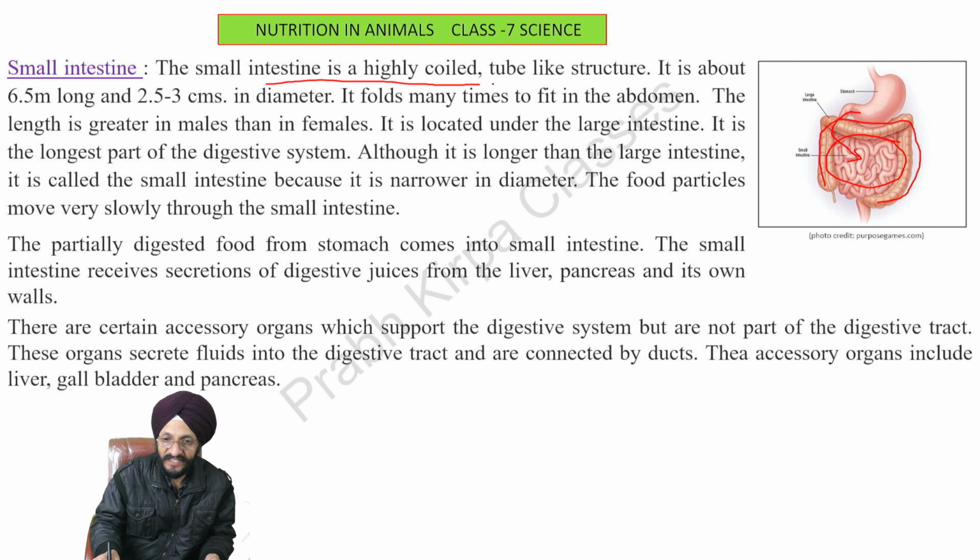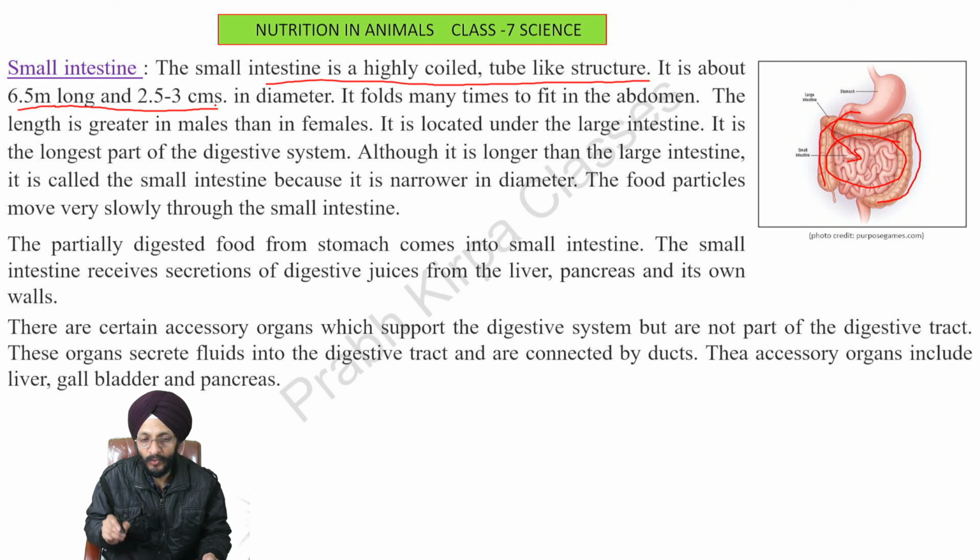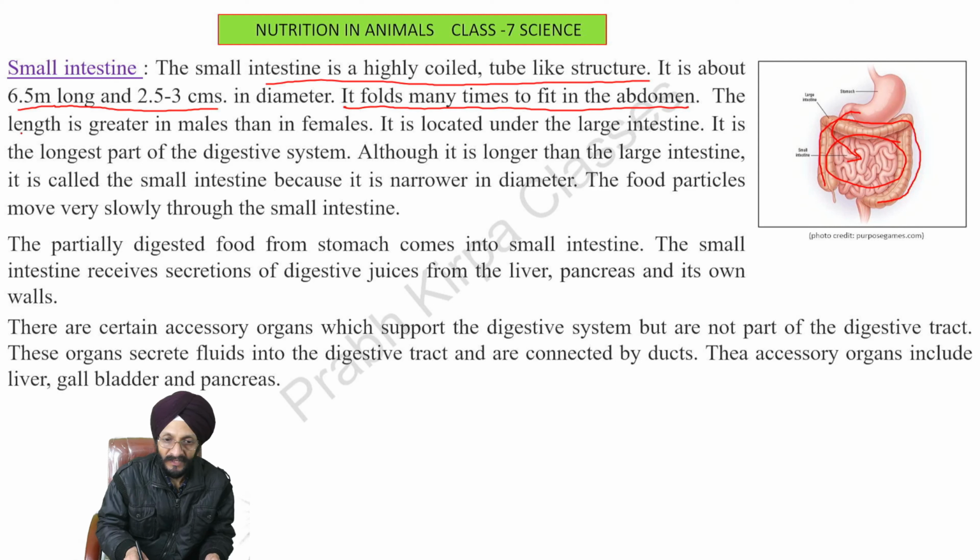Small intestine is a highly coiled tube-like structure. It is about 6.5 meter long and 2.5 to 3 centimeter in diameter. It folds many times to fit into the abdomen. The length of the small intestine is greater in males than in females.